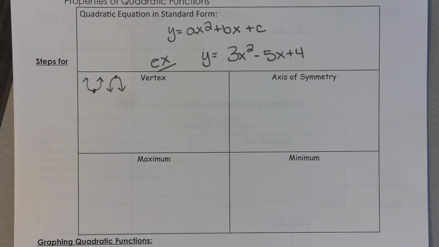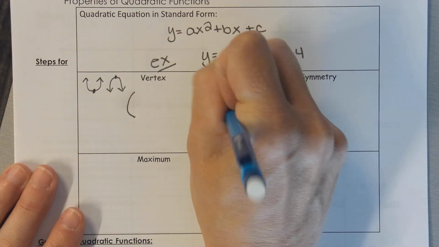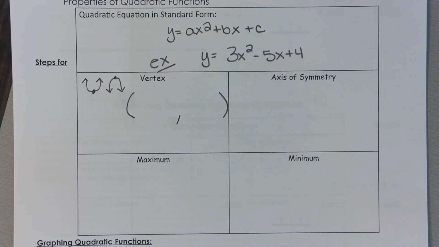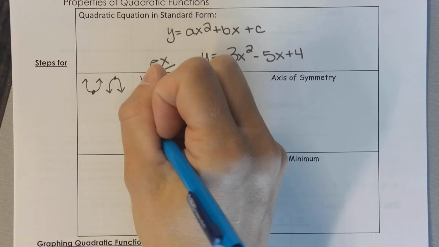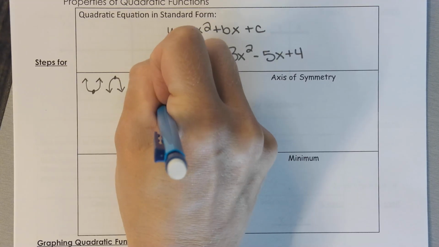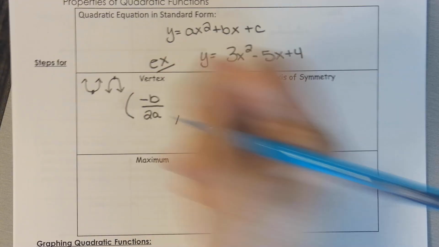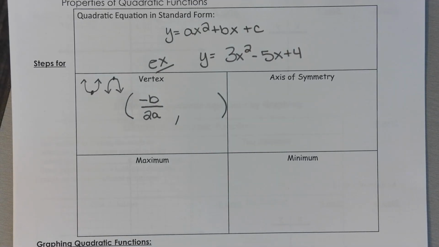And there's actually a way to calculate it. So the vertex is an ordered pair. So it's an x comma y. And leave me a bunch of space. But your vertex is always going to be an ordered pair. It's a point. How do we calculate it? So this is the formula. So there's actually a formula for this. We get negative b over 2a.